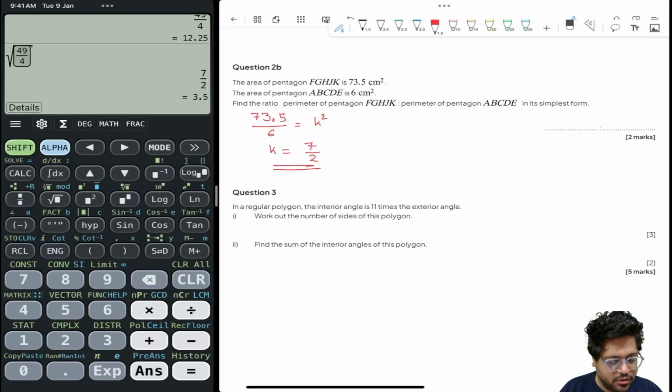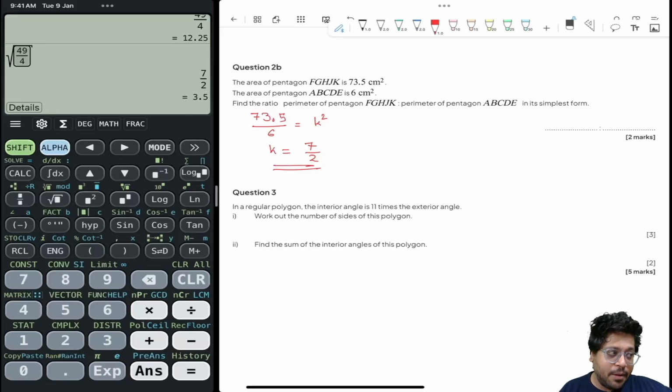Let's understand this again: in any similar triangles or similar polygons, the ratio of the sides is called the scale factor, which is k. The ratio of the perimeter will be the same as the ratio of side, because the perimeter is the sum of all sides. So the ratio of perimeter which we want to find is k, and the ratio of the area is the square of this k, the scale factor square.